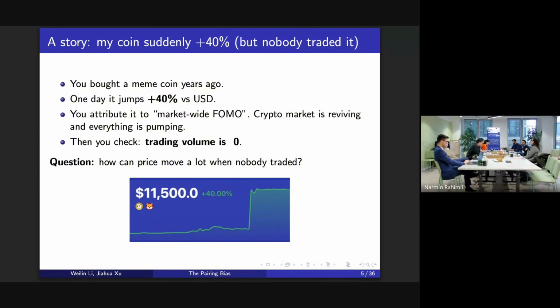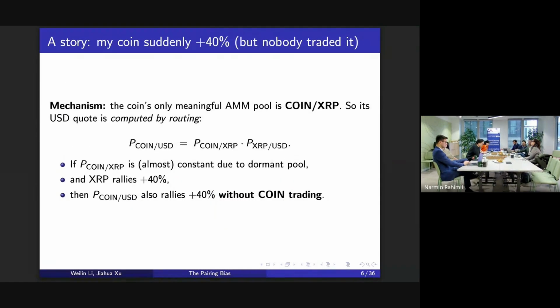Then I looked into it. Later I found out this coin is actually paired with another token that also increased. Here I use the example of XRP. The main AMM pool is between the coin and XRP. So if we want to calculate the price of the coin against USD, it is a multiplier of coin-XRP and then XRP-USD.